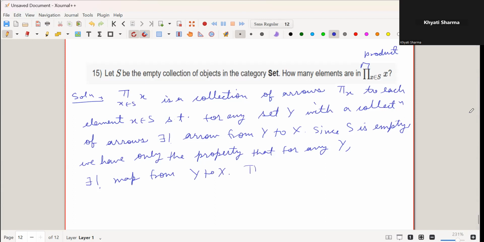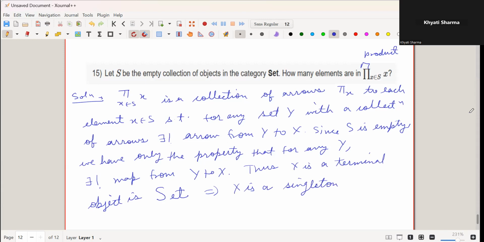And this implies that x is a terminal object in the category of sets. And that implies X is a singleton set, because the only terminal objects in the category of sets are the singleton sets.